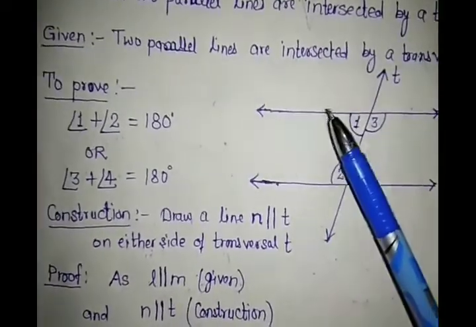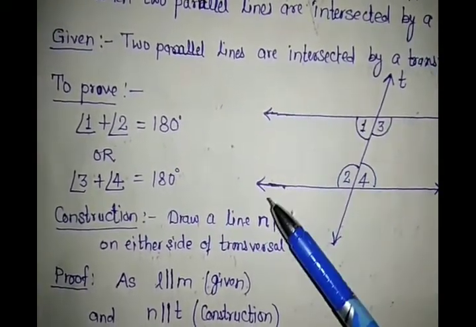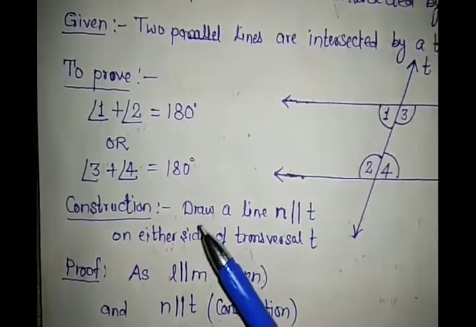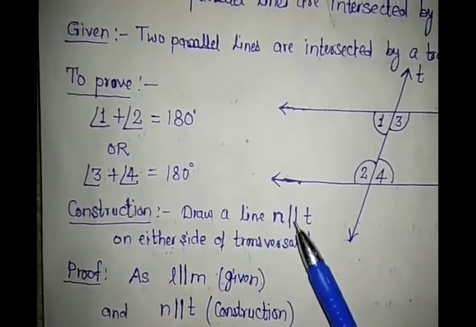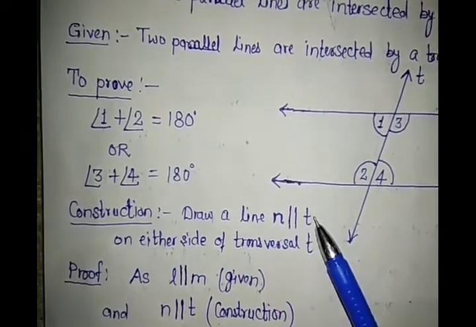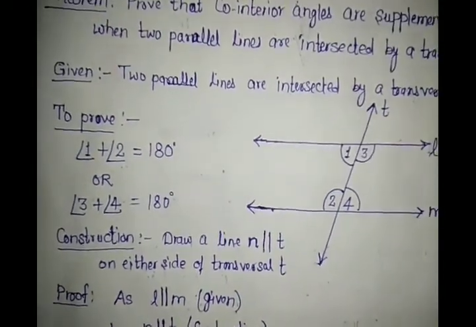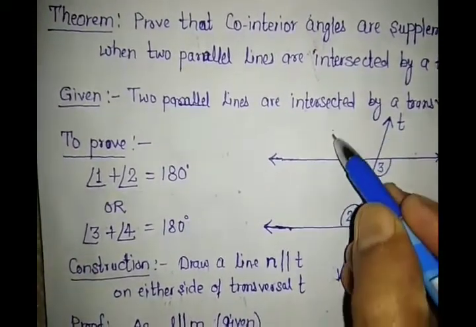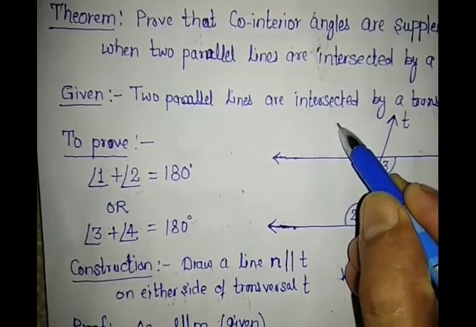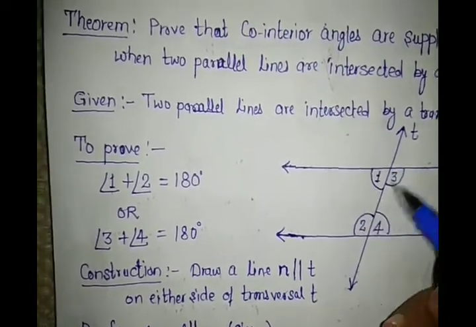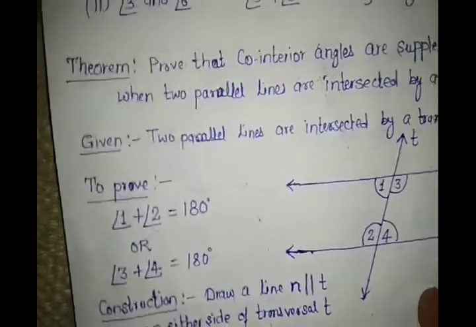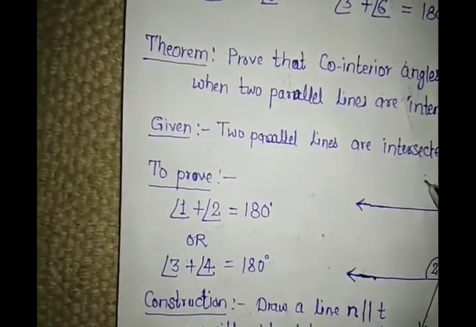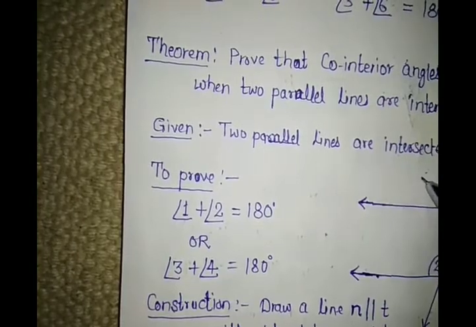To prove this, we have to construct this figure. Construction: draw a line N parallel to T. In this figure, we have to draw a line which is parallel to this transversal T. Now I am drawing this line.